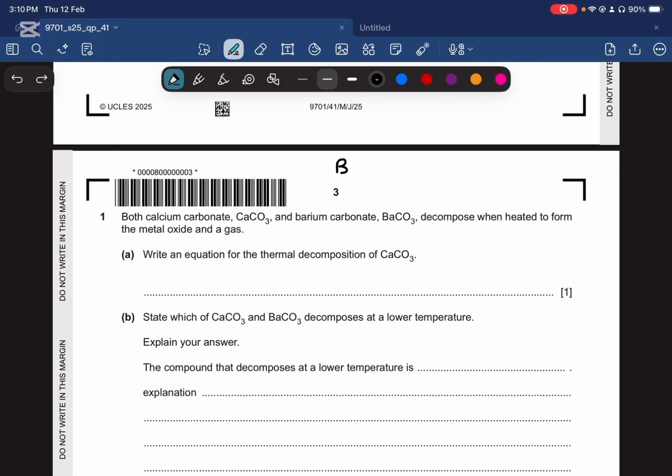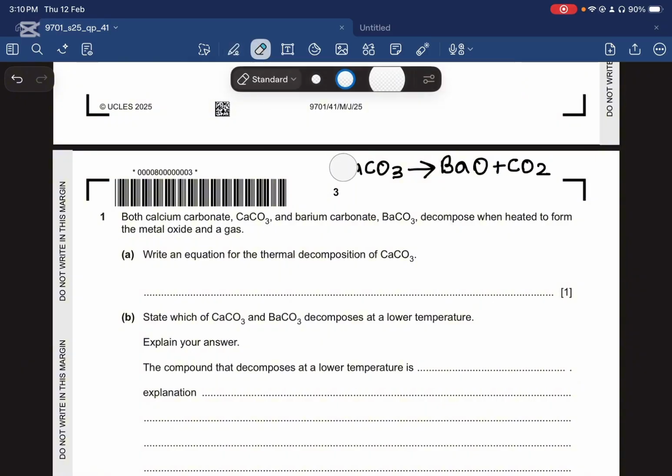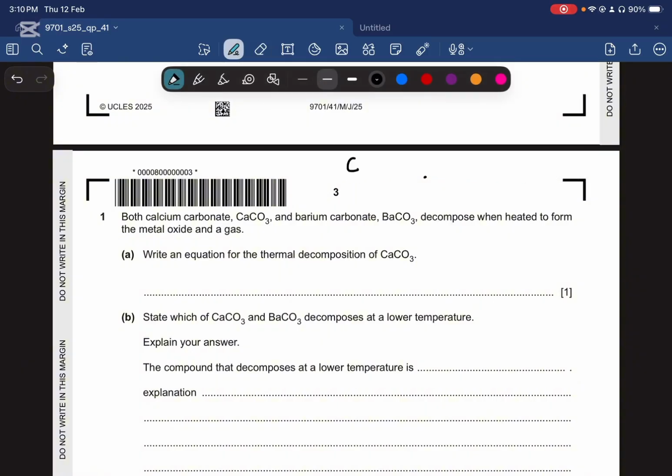So let's say barium carbonate thermally decomposes, or thermally breaks down, into barium oxide plus carbon dioxide gas. Let's try another one. Let's take calcium carbonate. Calcium carbonate again thermally decomposes into calcium oxide plus carbon dioxide.